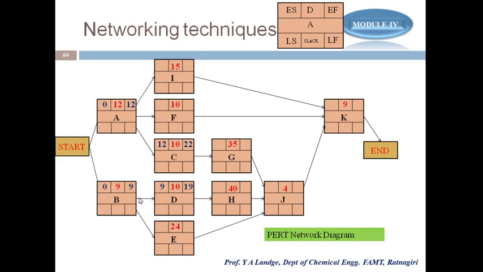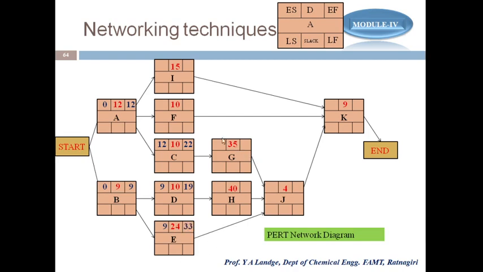For E, the predecessor is B, and the earliest finish time there is 9, and that's why I take 9. So 9 plus 24 will give the EF, because the formula for EF is what? ES plus D. So just remember that ES plus D. Okay, so it is 33.